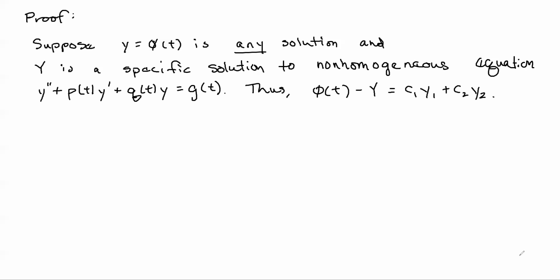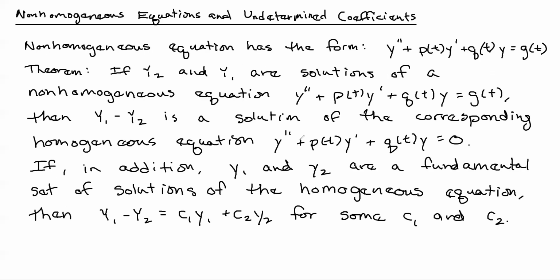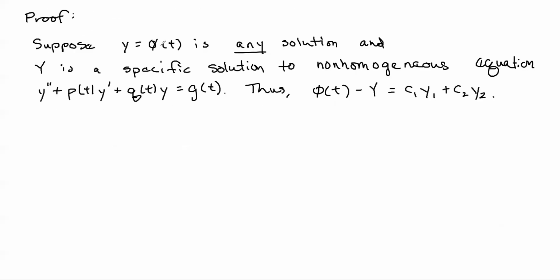Right, so where did that come from? That came from that first theorem, where we said if y2 and y1 are solutions, then the difference is going to be a solution to the homogeneous, and we could represent the difference using the fundamental solution to the homogeneous. So phi of t is a solution to the non-homogeneous.